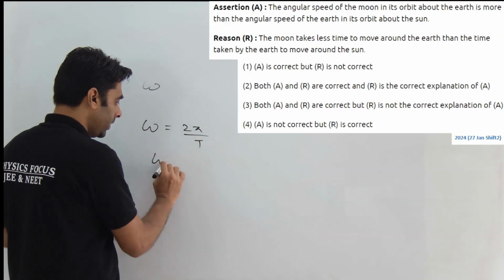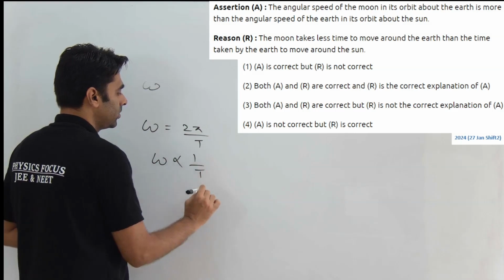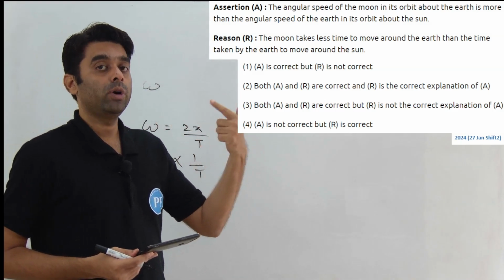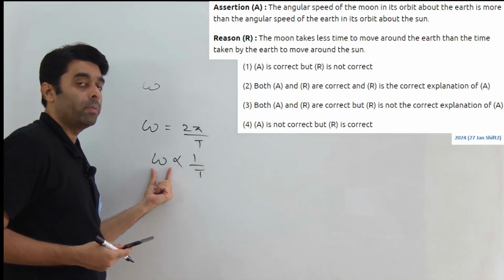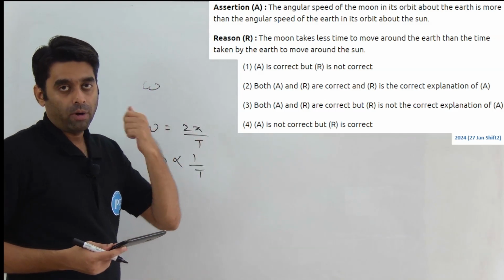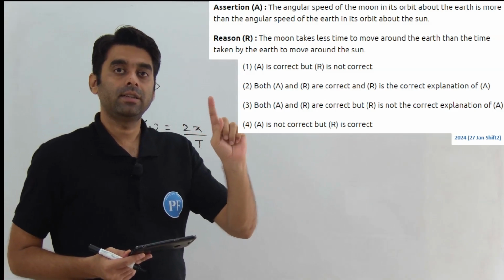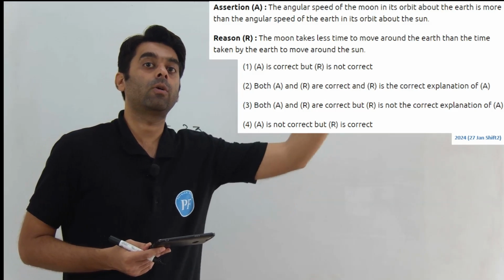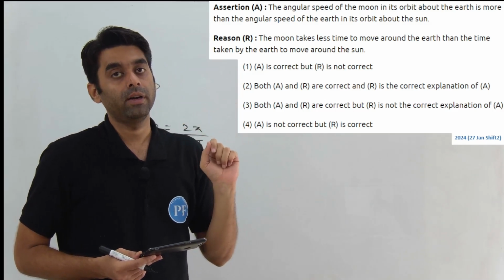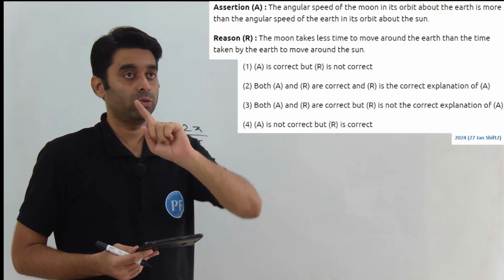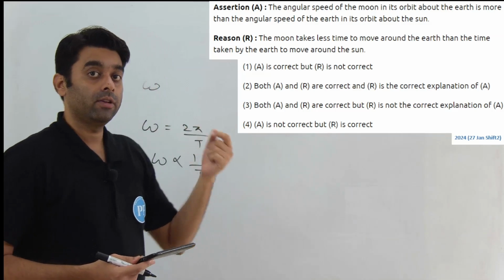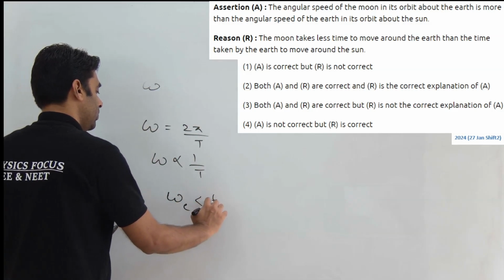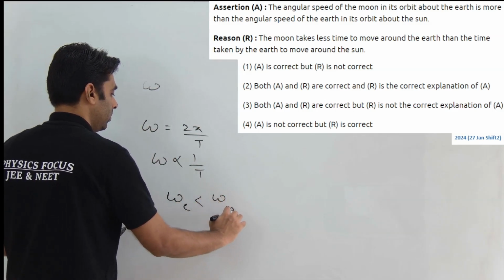So from this we can say that omega is inversely proportional to time period. The body which has more time period will have less omega, right? And from our understanding, if we consider moon around earth and earth around sun, which one has more time period? Earth takes more time to revolve around the sun, and therefore omega for earth will be less than omega for moon, right?